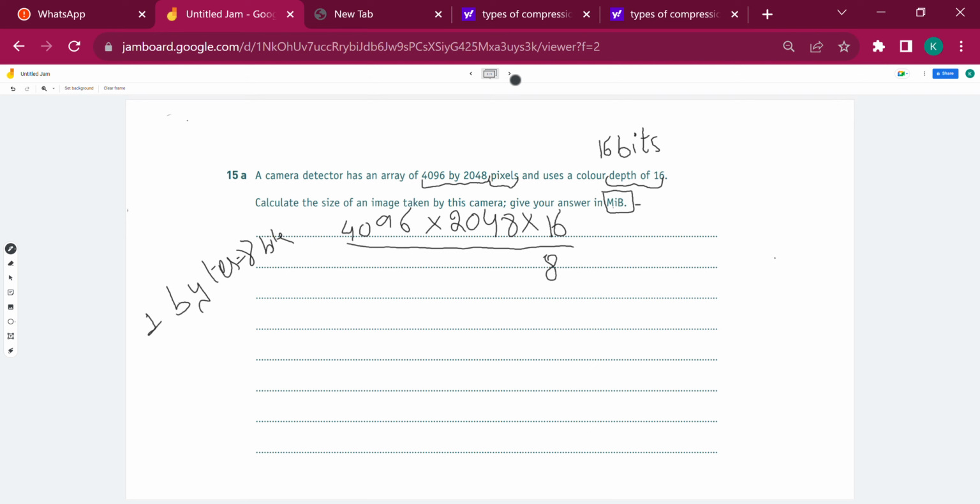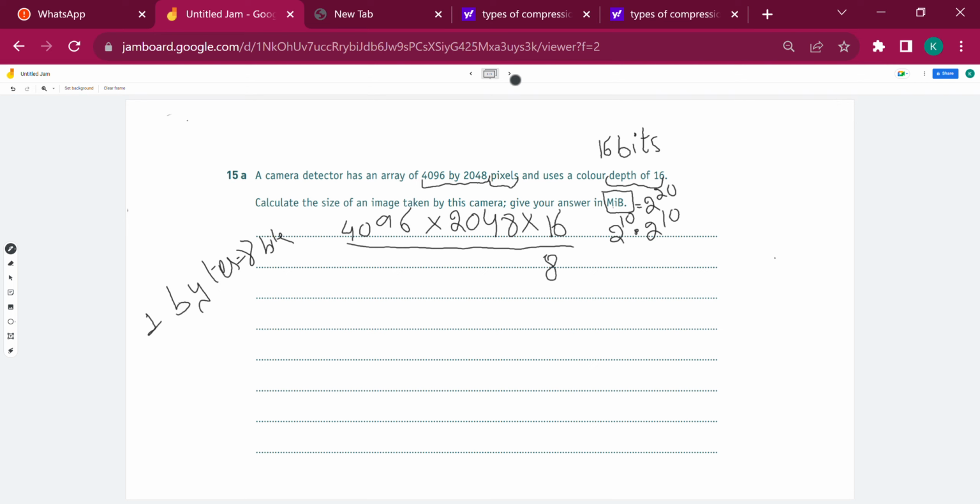Yes, we know that mebibyte is 2 power 20. Rather than writing 2 power 20, I can simply write 2 power 10 dot 2 power 10. Why am I going for this practice? Because you know that in your paper calculators are not allowed. So in order to simplify our calculation, we usually follow such tips and techniques.